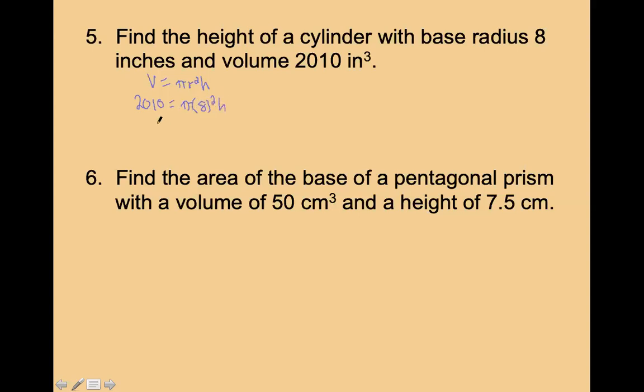All right, so I'm going to keep going. I'm going to simplify. We have that 2010 is equal to 64 pi times the height. All right, so I got to figure out the height. I'm going to switch my color here for a minute.